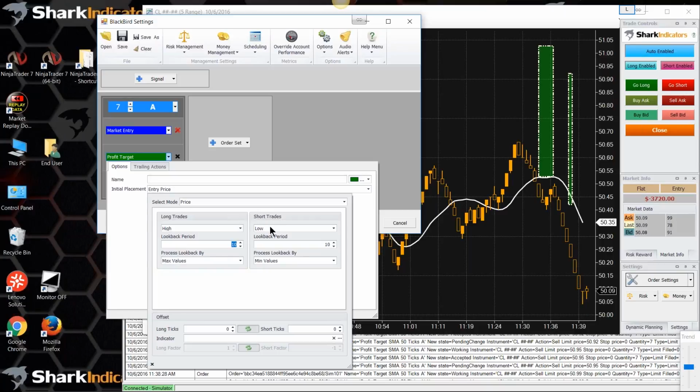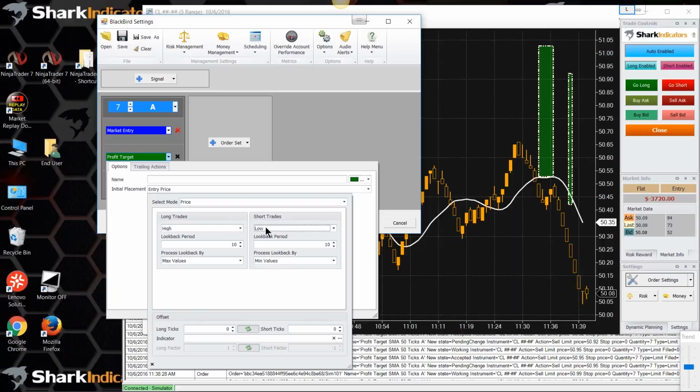And you can see that the short side here was set up for us automatically. So the short side used all the opposite values. So you can see that's kind of one of the cool features about BlackBird is when you set your long trade up, the short side automatically adjusts for you automatically.